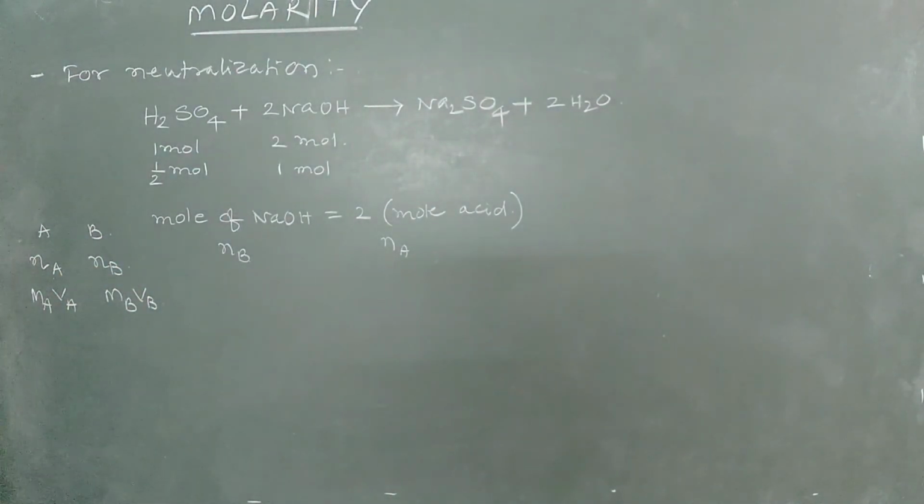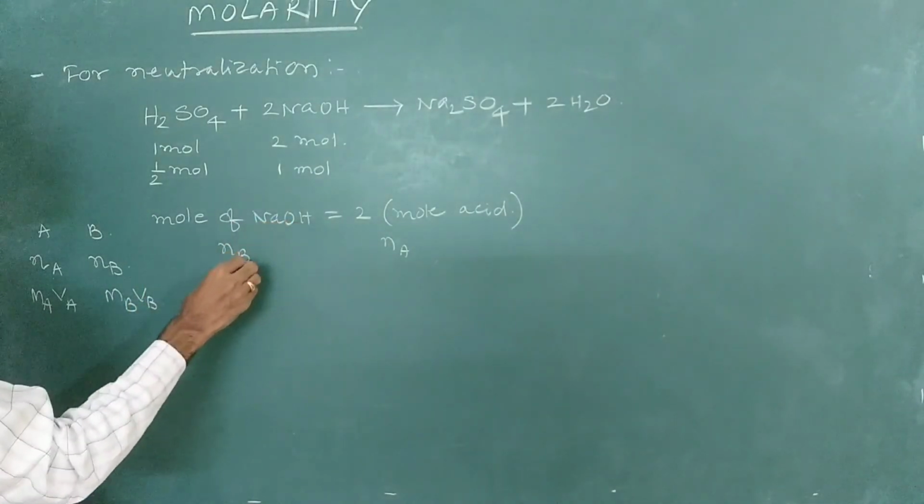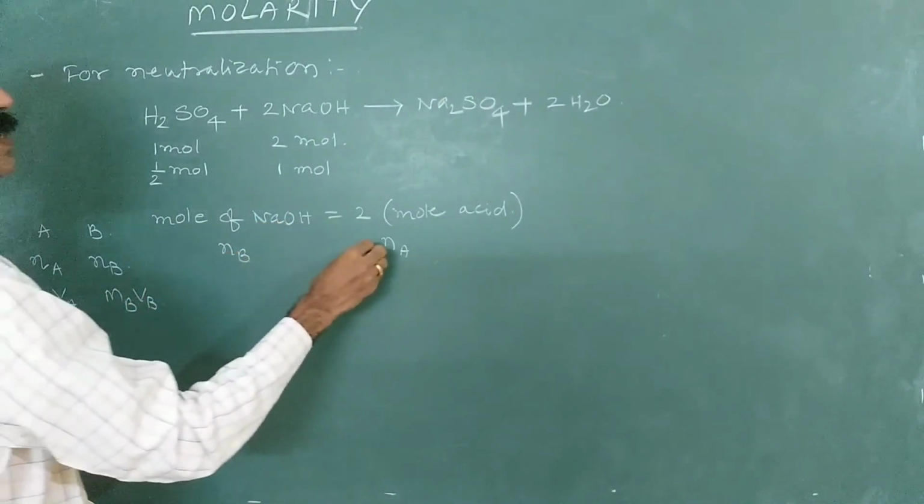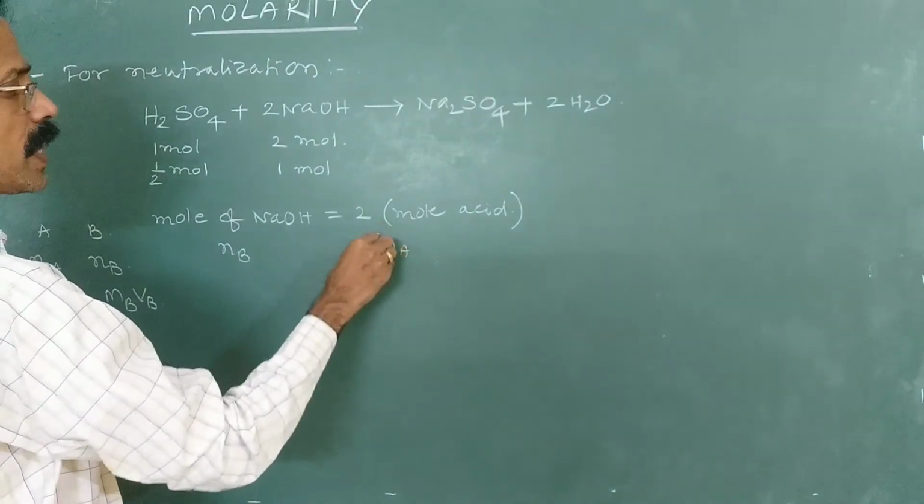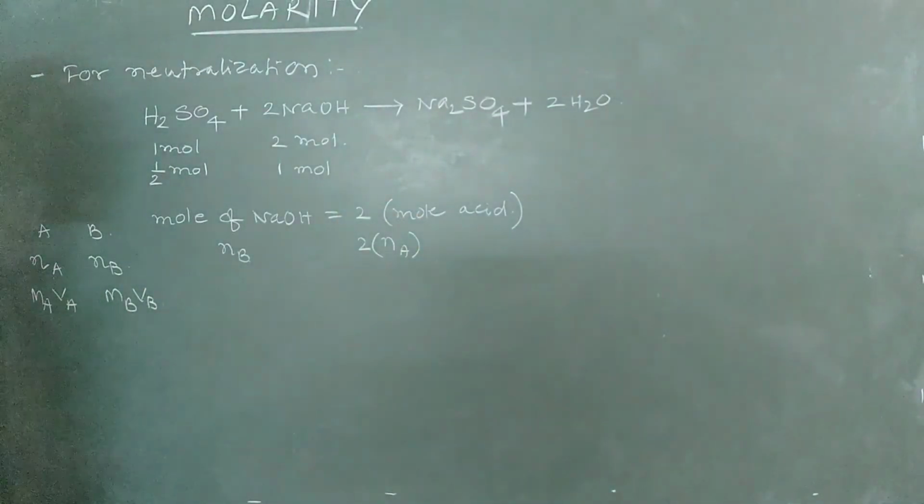So the number of moles of base, Nb, is twice the number of moles of acid, that is sulfuric acid.